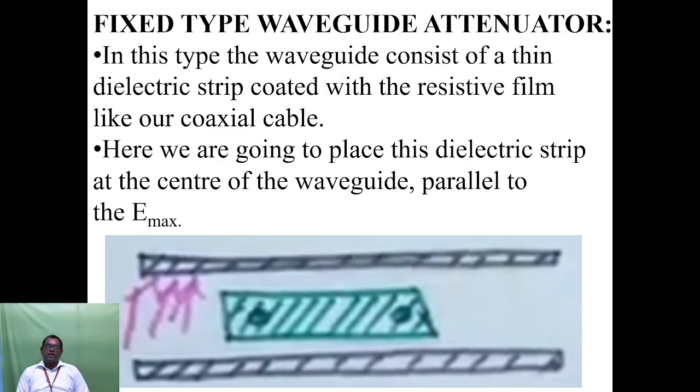Here we are going to place this dielectric strip at the center of the waveguide. It is parallel to the E max, meaning the maximum electric field of the device.